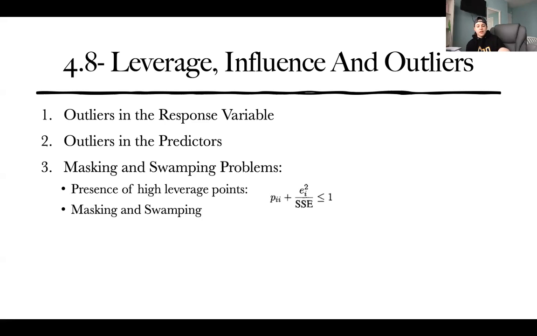Our final topic here is masking and swamping problems. These are analyses based solely on residuals that may fail to detect outliers and influential points due to the fact that high leverage points, which is our p_ii plus e_i squared over our SSE value, must be less than or equal to 1. This indicates that high leverage points tend to have small residuals.